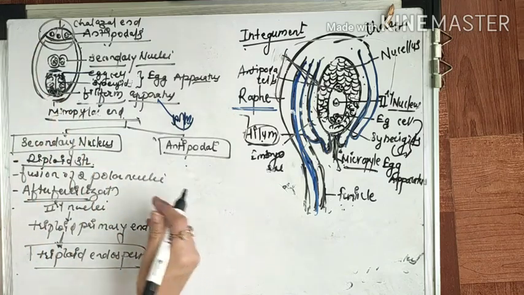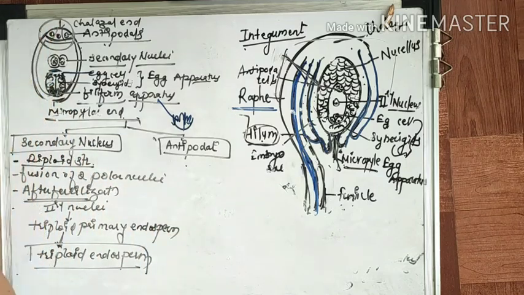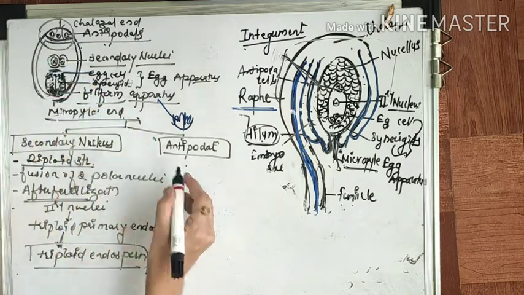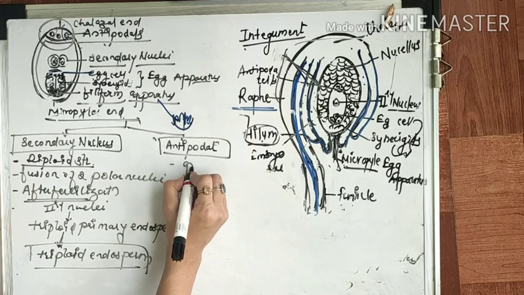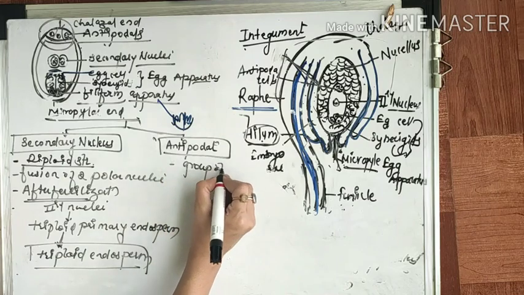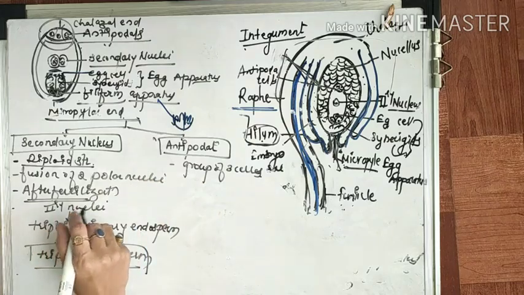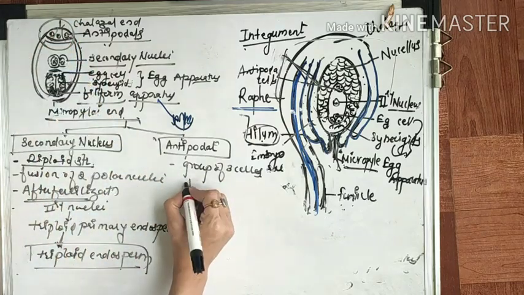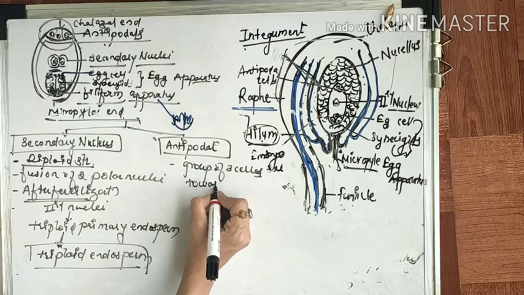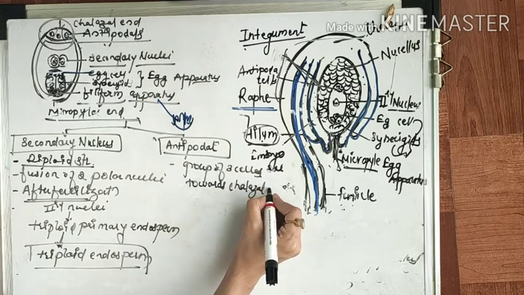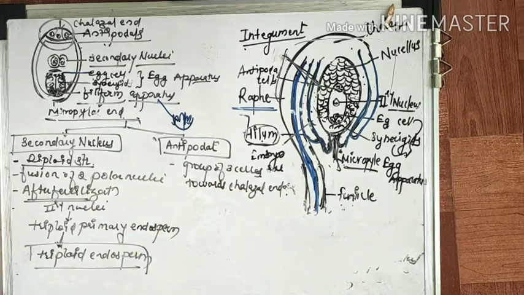You can see the antipodal cells. It is also a group of 3 cells, 1, 2, 3, but it is towards the chalazal end.